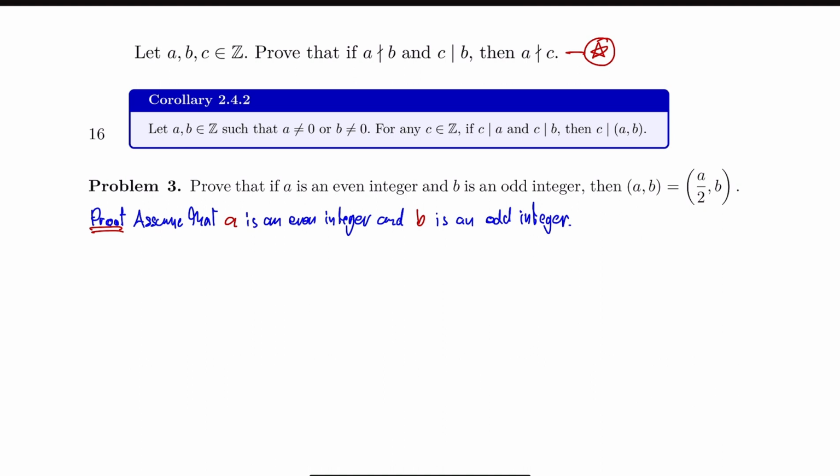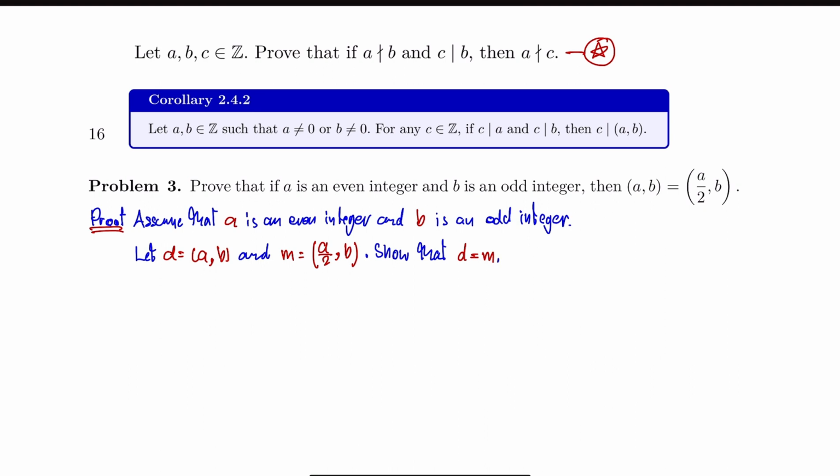The next thing I'm going to do is let d be the greatest common divisor of a and b, and let m be the greatest common divisor of a over 2 and b, and try to show that d equals m.